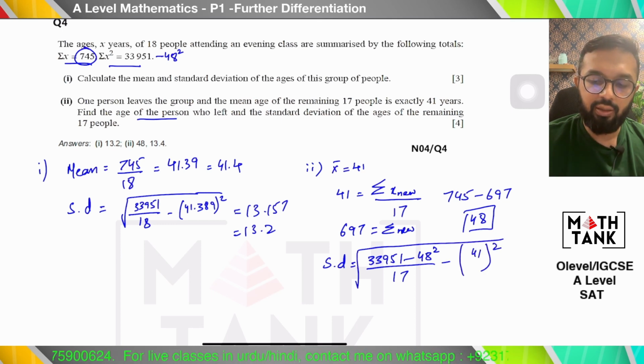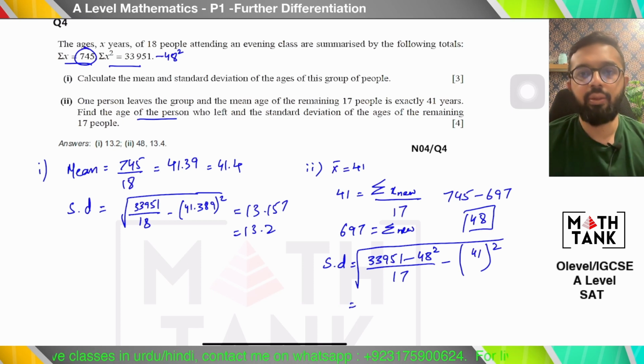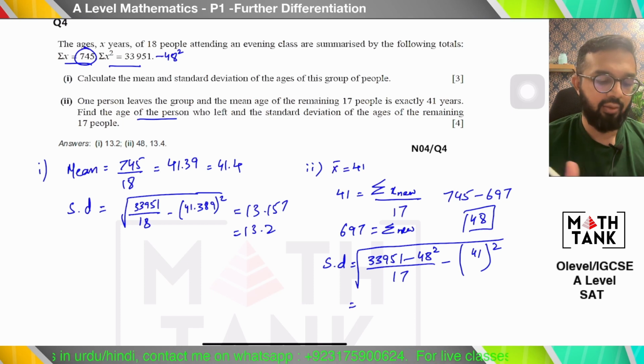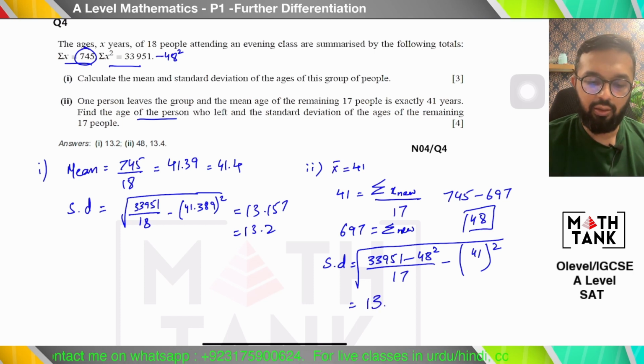And I can put this entire thing in a root because I want to calculate standard deviation. So 33951 minus 48 squared divided by 17 minus 41 squared, and the root of the answer is 13.438, which gives me 13.4.